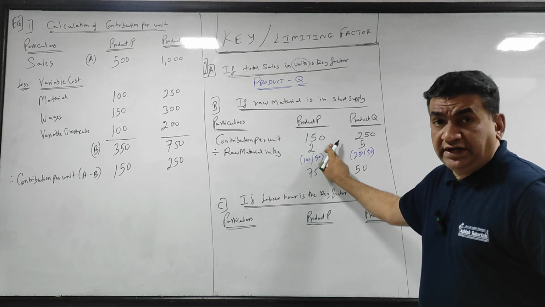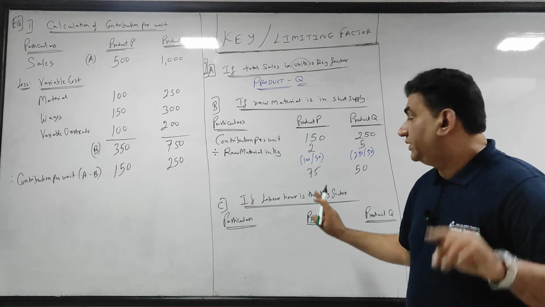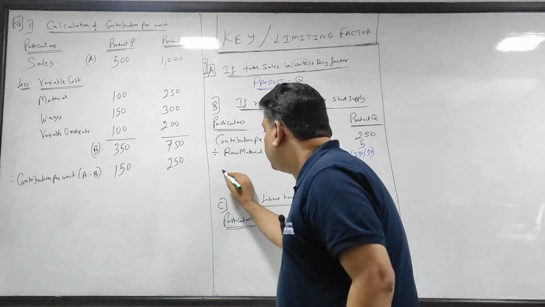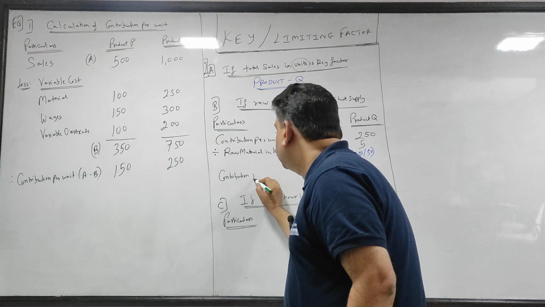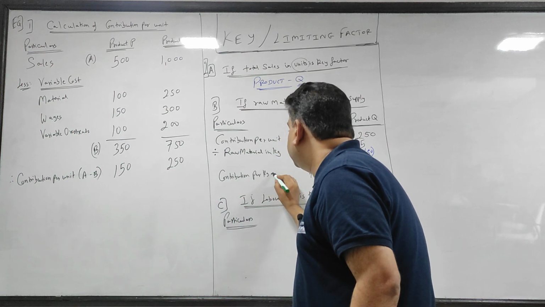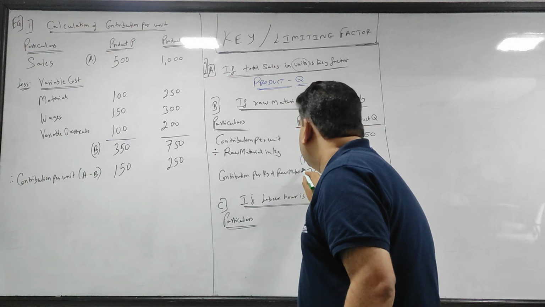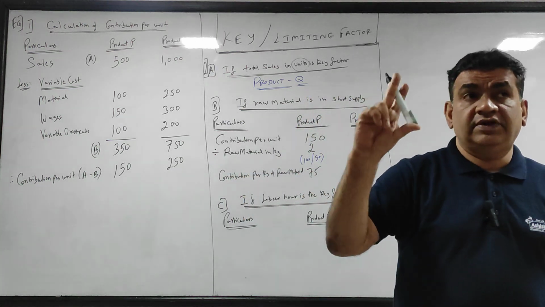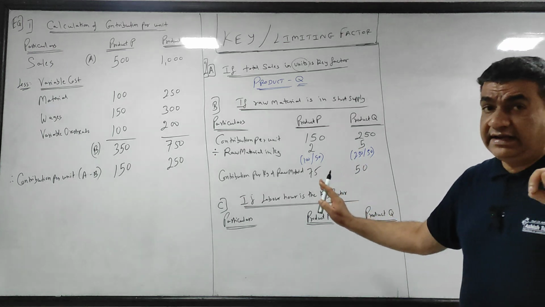Contribution per unit divided by the raw materials required in kg per unit, okay, and this you will call contribution per kg of raw material. Why did I divide this?